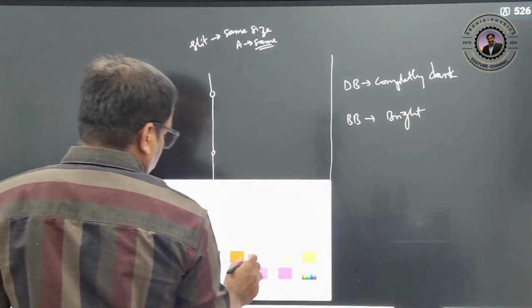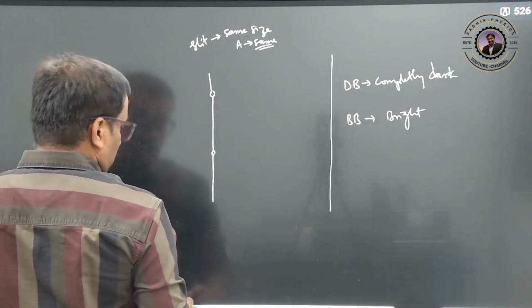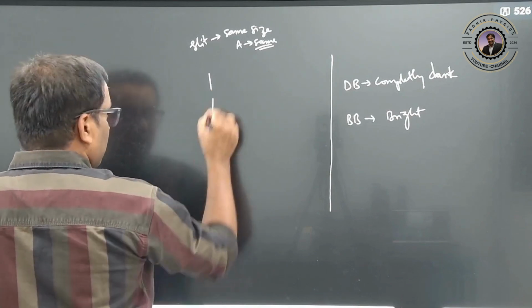Sometimes they will ask one question: suppose the size of one of the slits is increased, what are you going to see?